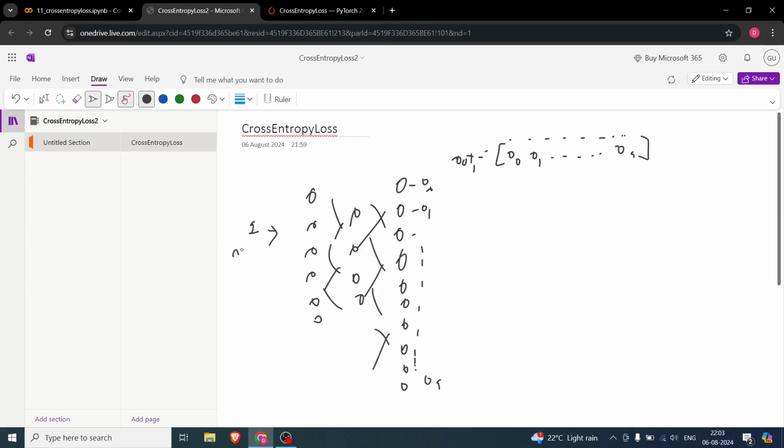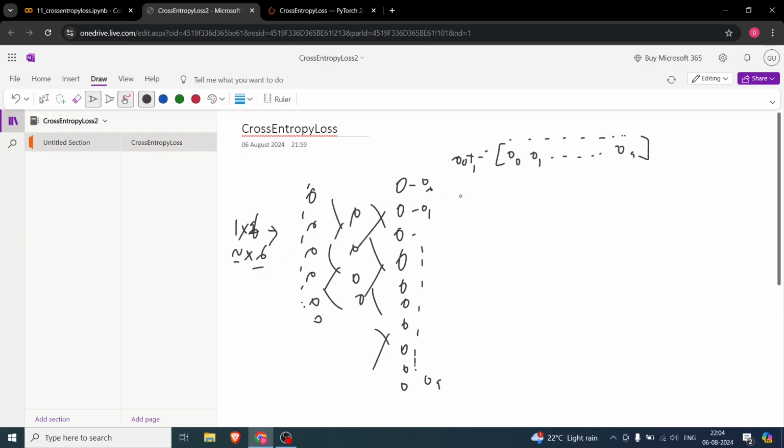What if there are n examples? It will be n cross whatever the number of neurons in the last layer. So let's say there are 6, so n cross 6. In the first example it was 1 cross 6, and if there are n examples, then we will have n cross 6.